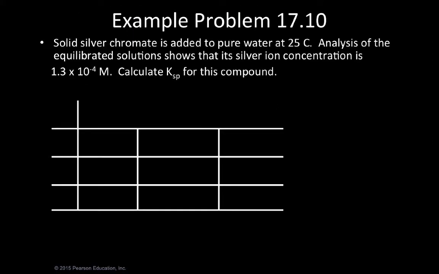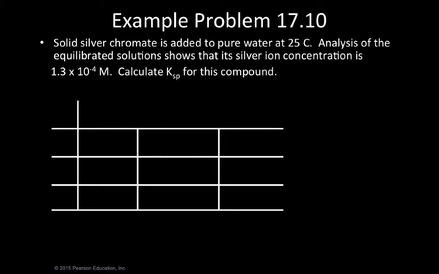This one says we have solid silver chromate added to water at 25 degrees Celsius. If you look at the solution after it has reached equilibrium, the silver ion concentration is 1.3 times 10 to the negative 4. Our goal here is to calculate KSP. What we need to do first is set up our equilibrium expression.